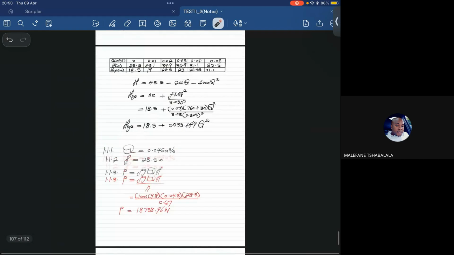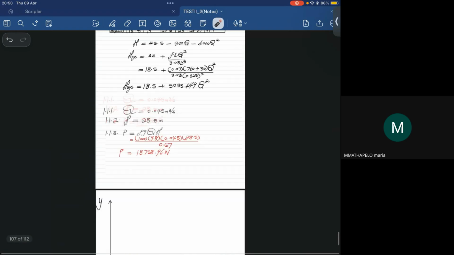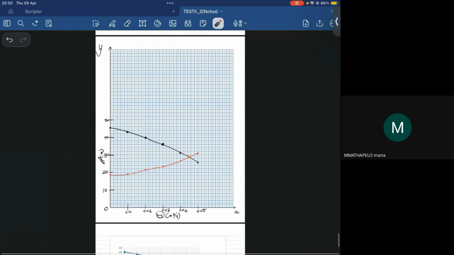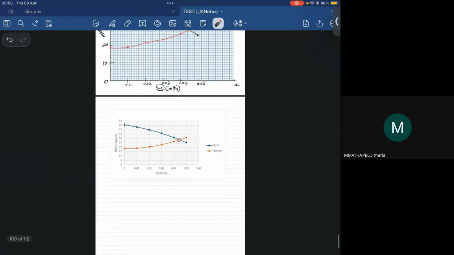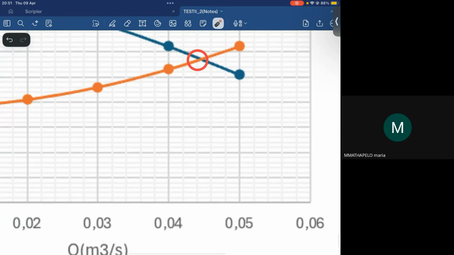I'm a bit confused about how you're counting 0.04. You're saying 0.041, 0.042, counting like that up until 0.045? No. This is 0.04, right?